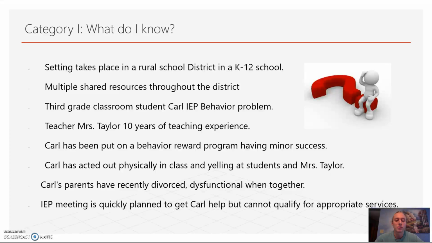And the big problem, the real emotion that has come out, Carl has acted out physically in class and has yelled at other students to stop staring at him, and has thrown a pencil at Mrs. Taylor and made threatening comments. The situation also brings down that Carl's parents are recently divorced, and throughout the study we read that they can be dysfunctional together, and that could be one of the root problems that Carl is going through.